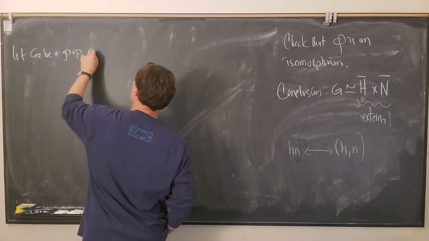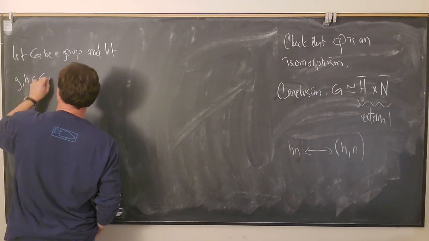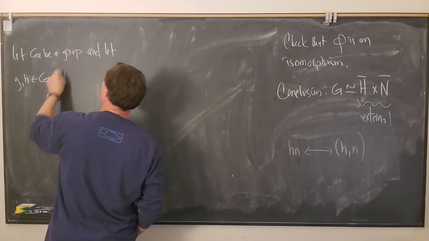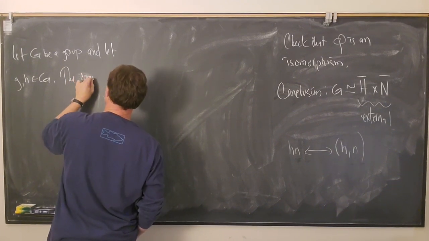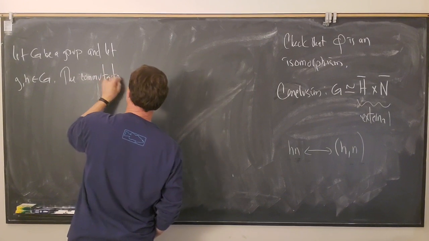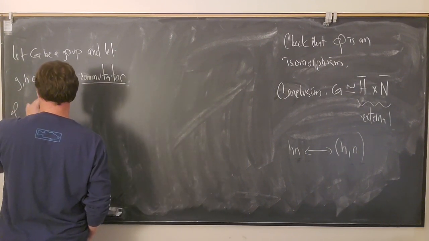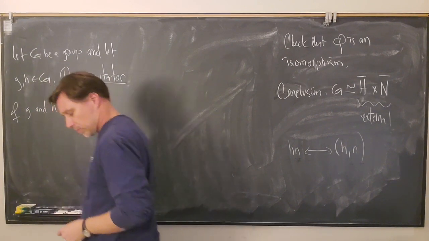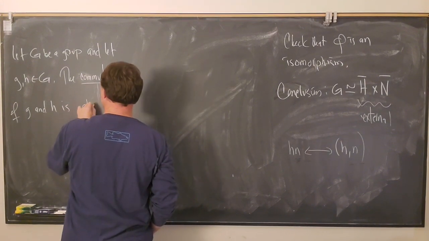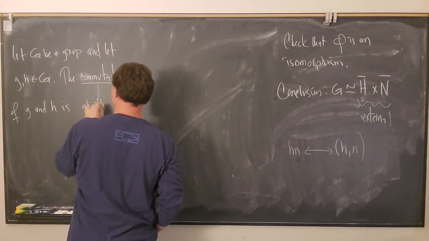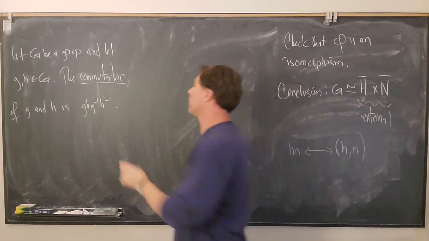So let g and h be elements of G. The commutator of g and h is the element, well, it's this thing right here, so it's g h g inverse h inverse. So that product right there is called the commutator of g and h.